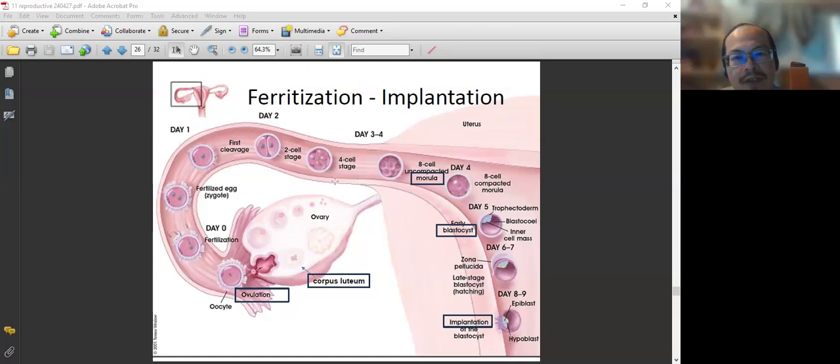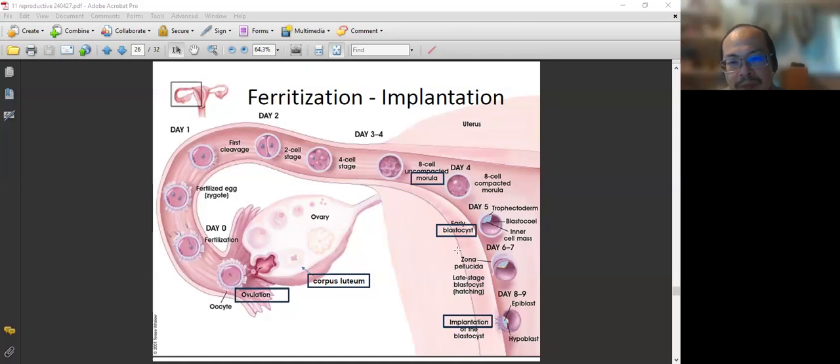The first stage we call morula, and then it will grow into the blastocyst, and then blastocyst will implant. What's implantation? Implantation is in the uterus.